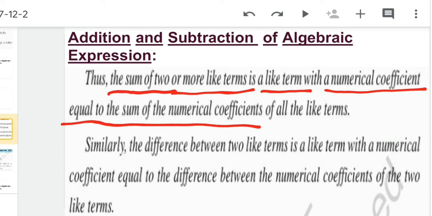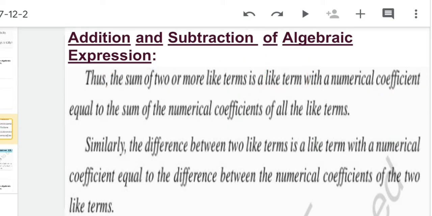You cannot add or subtract unlike terms together. And when you sum up or subtract two like terms, the answer will be a like term, and the numerical coefficient of the answer is equal to the addition or subtraction of the coefficients of the like terms. We will understand this more clearly when we do the questions.